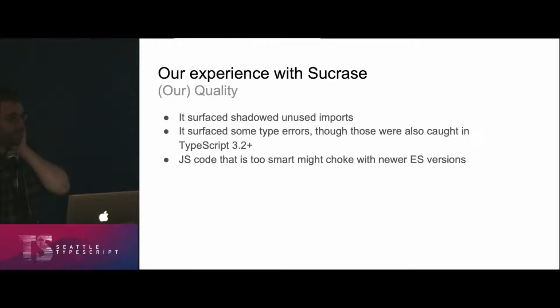So interestingly, it surfaced some issues that we hadn't seen, including unused imports that were using the same name as some class that we had in the file, which was weird. We thought that was a thing of the past, and some other type errors, but TypeScript has been getting better in the last few versions, and they've also caught some of this.